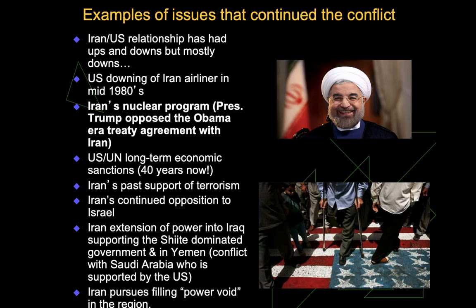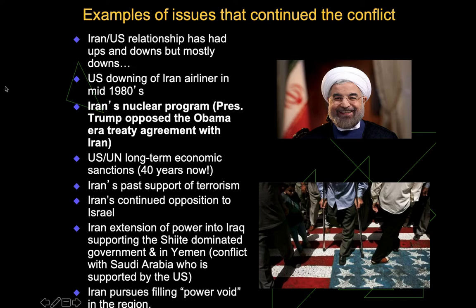To make it even worse, they were heading to the Hajj, the Islamic pilgrimage to Mecca. And certainly the United States did apologize and offered reimbursement money to the families of the victims of the attack. But the fact remains that the United States did kill several hundred Iranian citizens at that time.